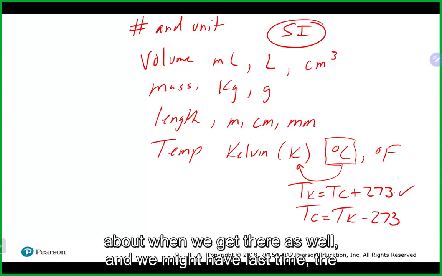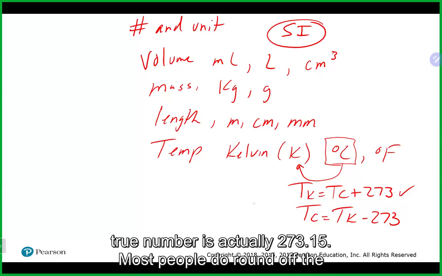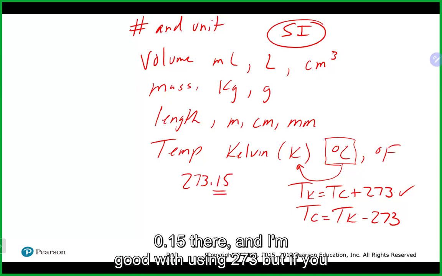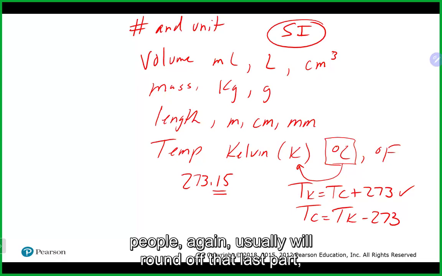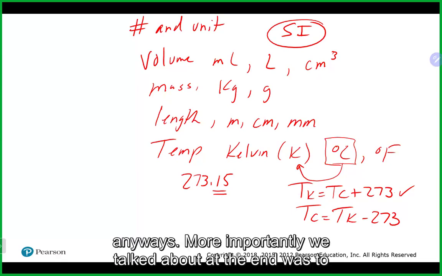The true number is actually 273.15. Most people round off the 0.15, and I'm good with using 273, but if you do see 273.15, that is really the right number.